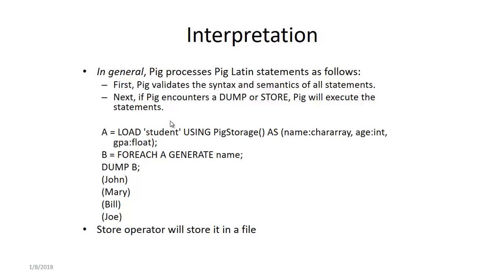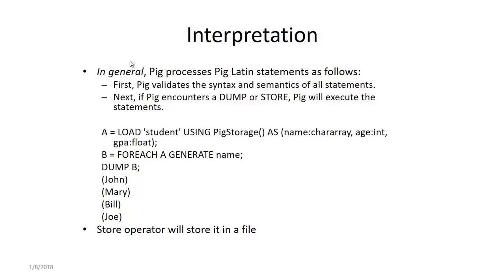Age will be an integer, so it will be int. GPA will be a decimal with precision and scale, so it will be a float. This is the Pig Latin script to load the data into the relation. Once we execute this script, data will get loaded into the relation A.